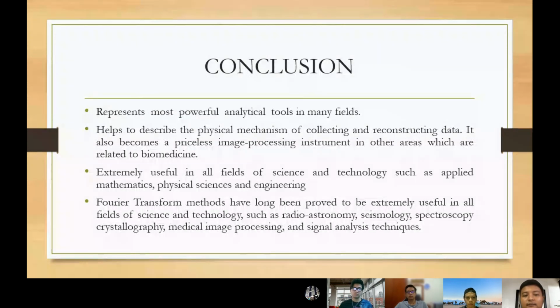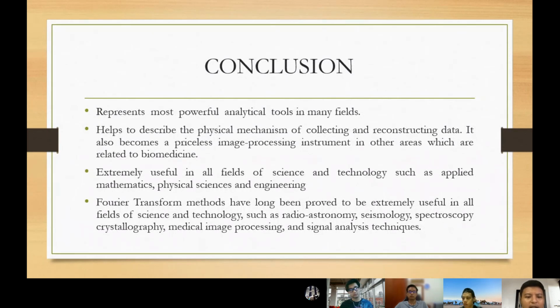For the conclusion, the Fourier transform represents one of the most powerful analytical tools in many fields, helping to describe the physical mechanism of collecting and reconstructing data. It has also become a priceless image processing instrument in other areas related to biomedicine.